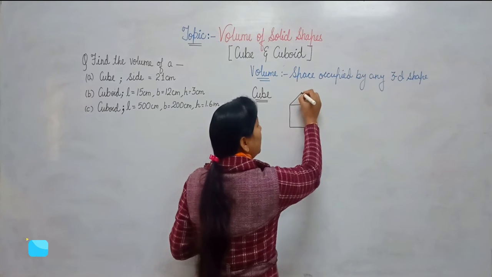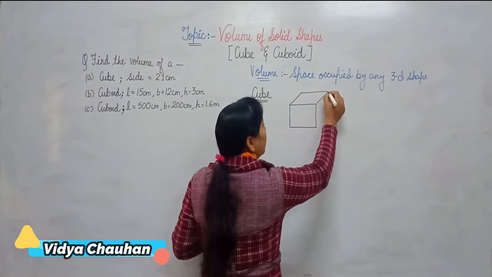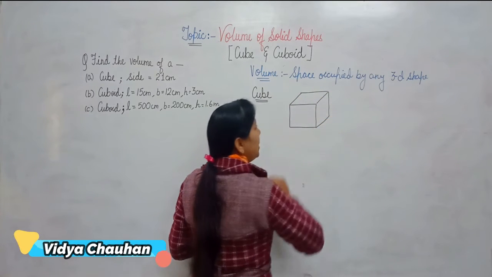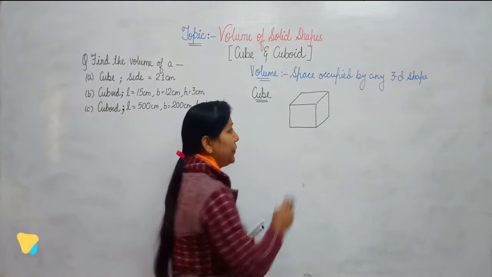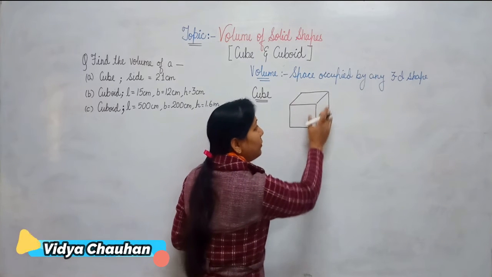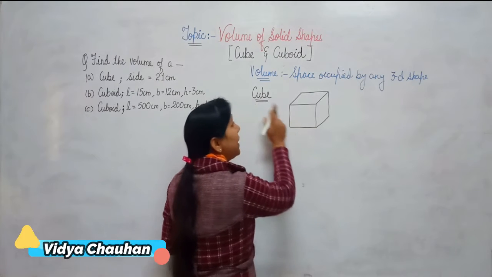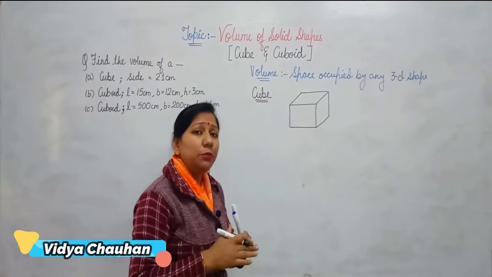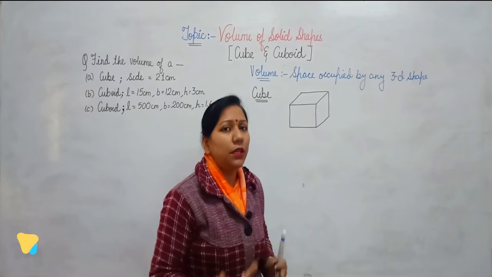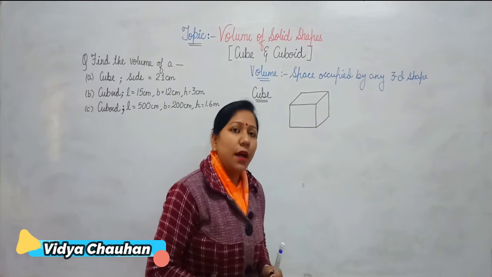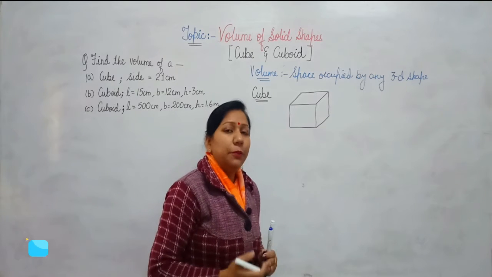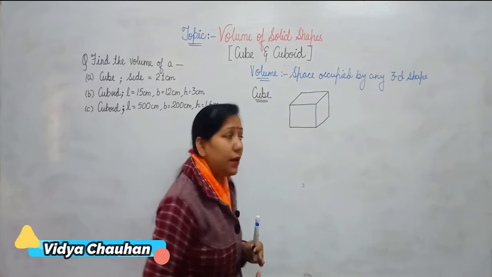After that you have to extend it, that means you have to make its height. So earlier it was a square and now it becomes a 3D shape called a cube. In this cube, as it is made from a square, all its dimensions are equal.